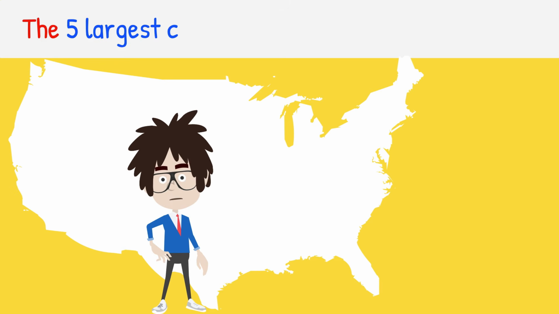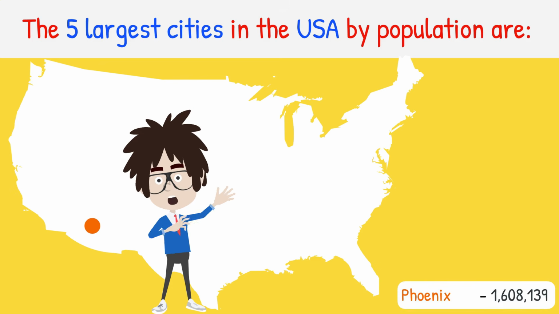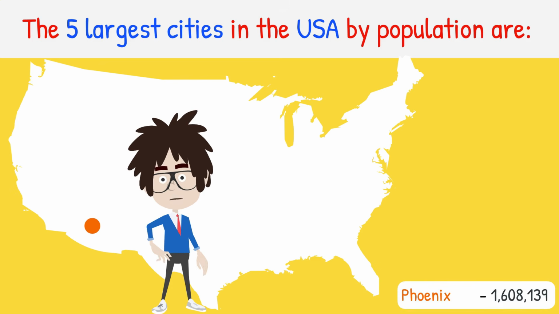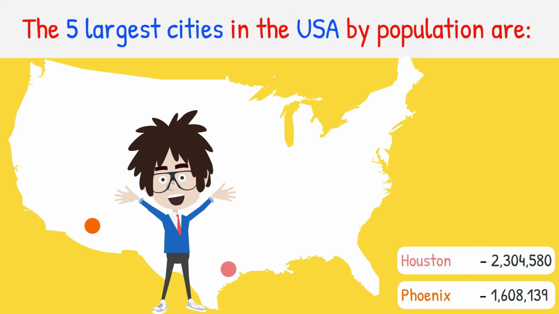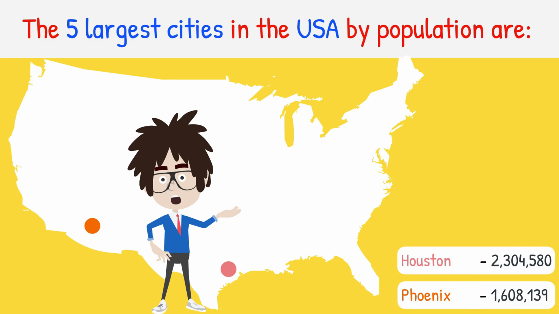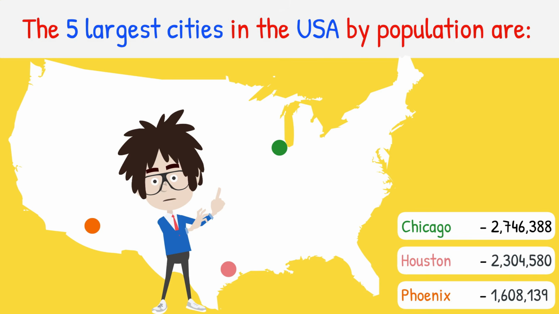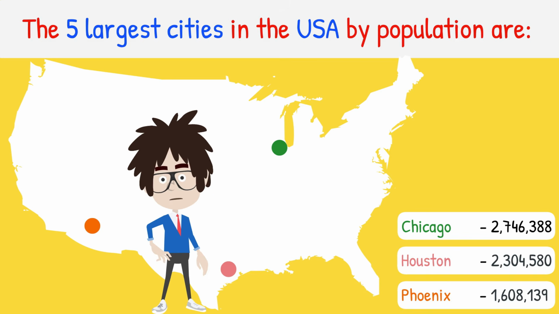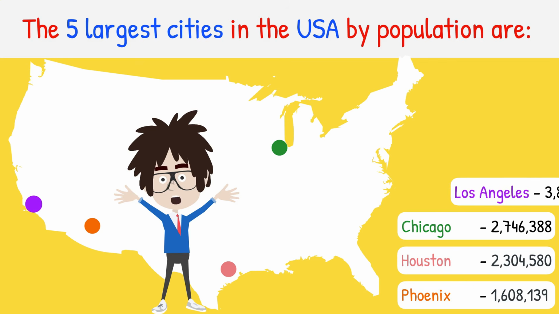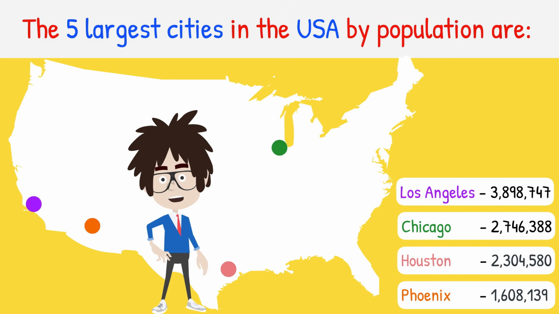The 5 largest cities in the USA by population are: Phoenix has 1,608,139 people. Houston has 2,304,580 people. Chicago has 2,746,388 people. Los Angeles has 3,898,747 people.